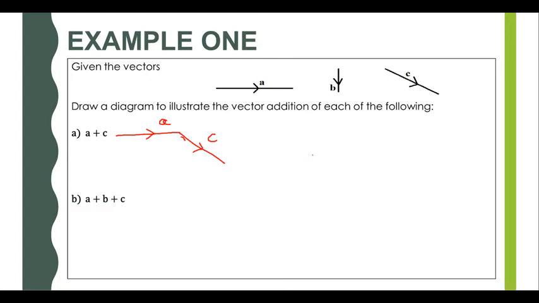This means that if we draw the resultant line between the two endpoints, we get the vector A plus C.